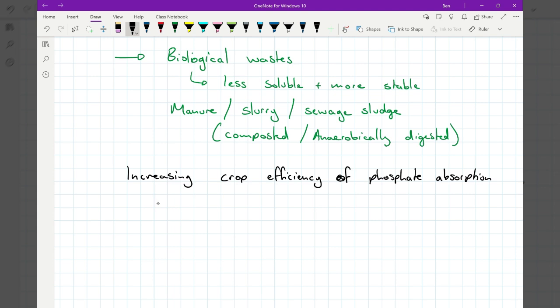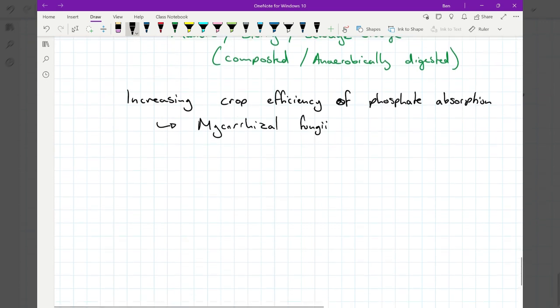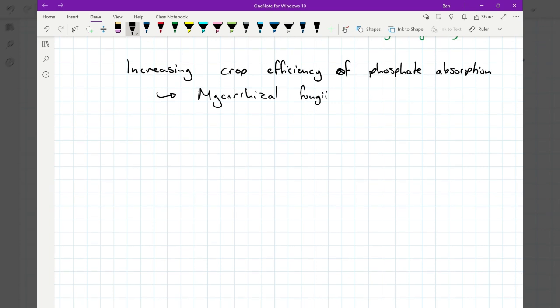So this is things like mycorrhizal fungi. We want to promote conditions that promote the symbiotic relationship. So this might be crop breeding to make sure the crop is good at making that symbiotic relationship.